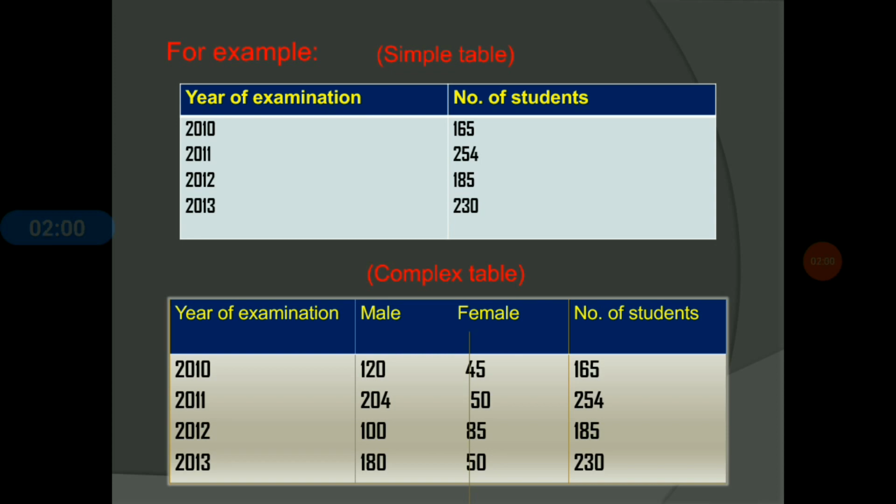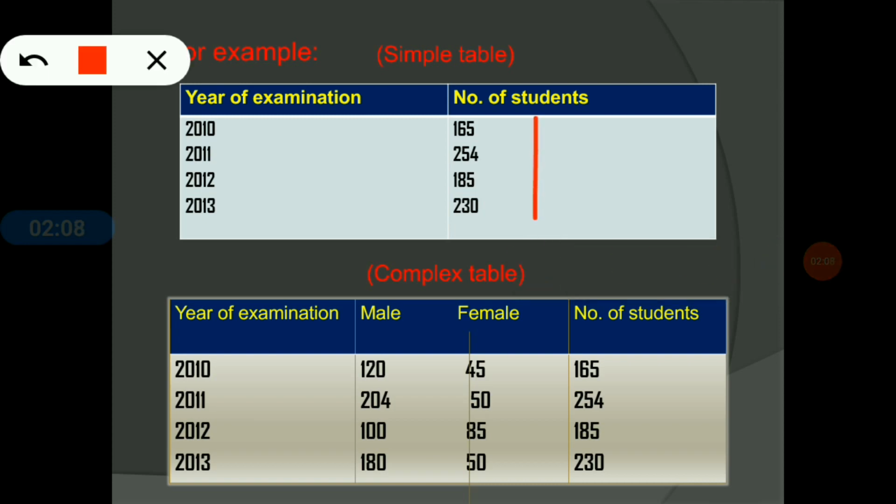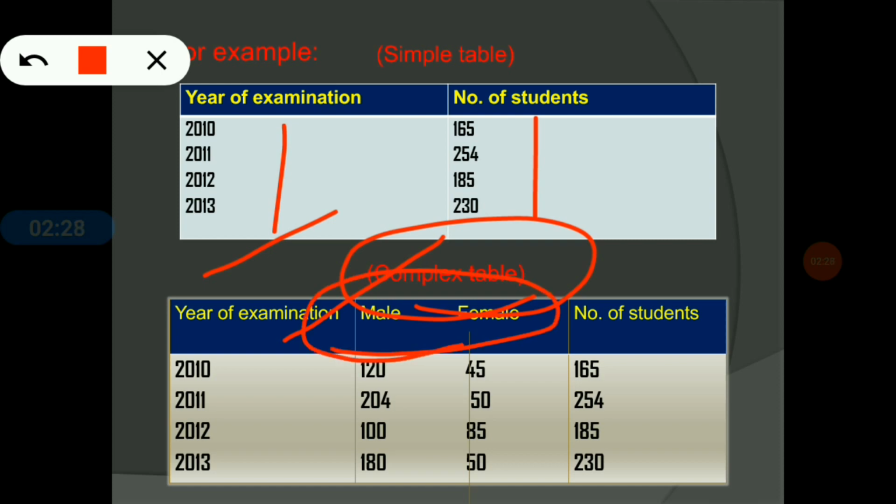Now we are going to the next slide where we can see an example of the simple and complex table. The first table is an example of a simple table, because in this table data are given according to one characteristic, that is year of examination or time. The second table is obviously an example of a complex table, because data are given according to two or more characteristics: first the year of examination or time, and second the gender or sex.